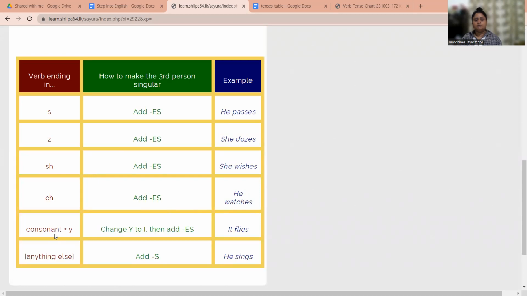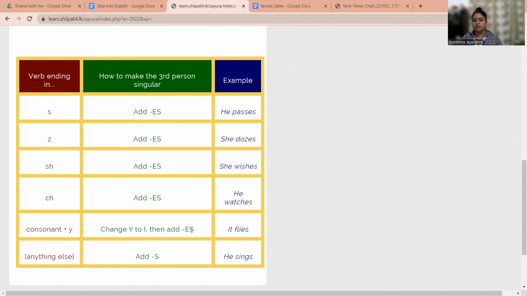And there are some verbs which end with a consonant and Y, like fly. Previously you saw study. They all end with Y. So if it ends with a consonant and a Y, that means here fly, F-L-Y, before Y there's an L and it's a consonant. So when you are making the simple present tense verb with a third person singular, you cut off Y and add IES.